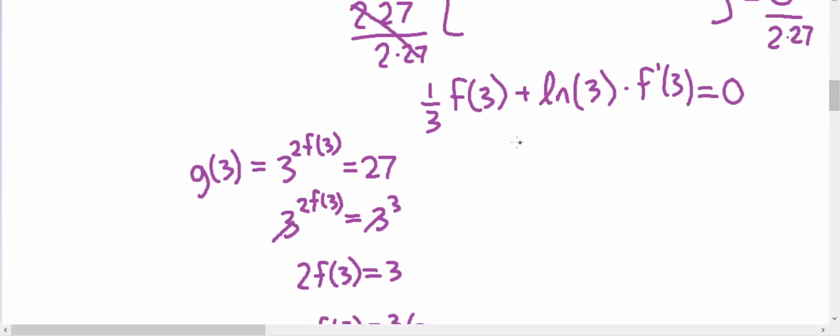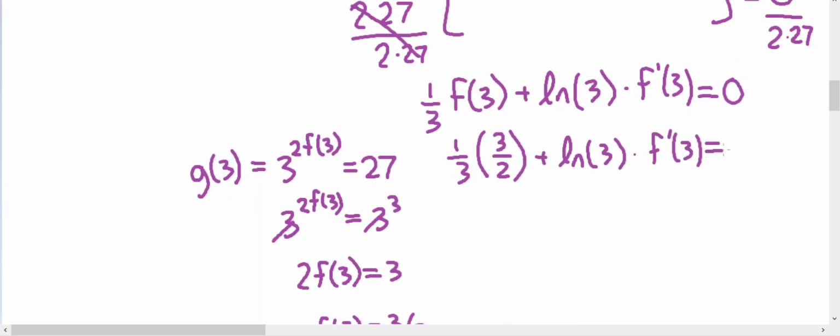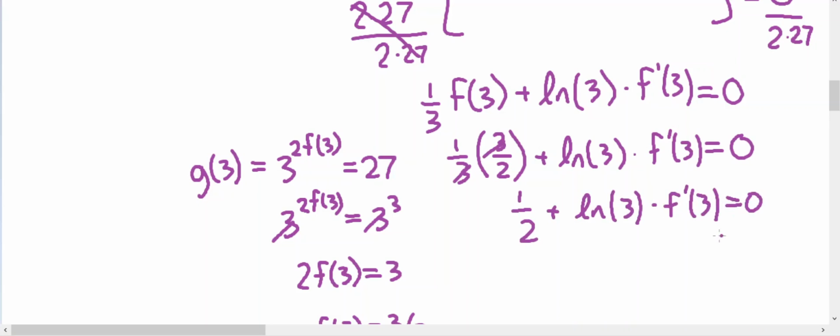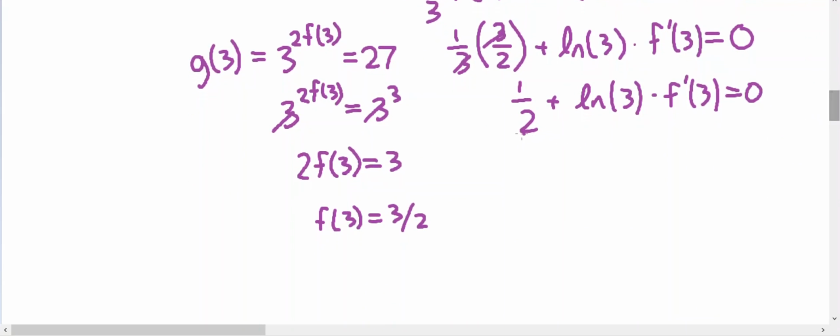So plugging that value in, this means that 1/3 times 3 halves plus ln of 3 times f prime of 3 equals 0. These cancel out, and we get 1/2 plus ln of 3 times f prime of 3 equals 0. So getting f prime of 3 by itself is really straightforward now. We just subtract the 1/2 from both sides.